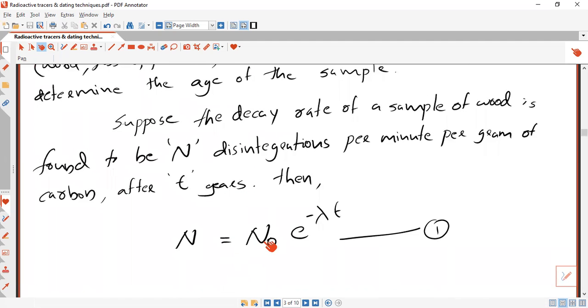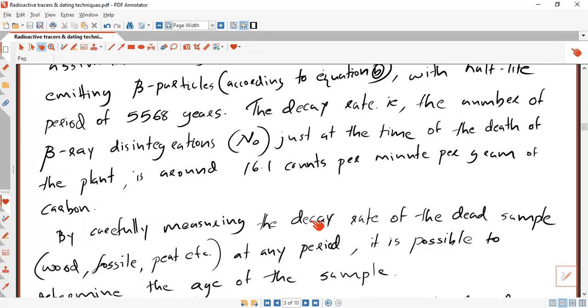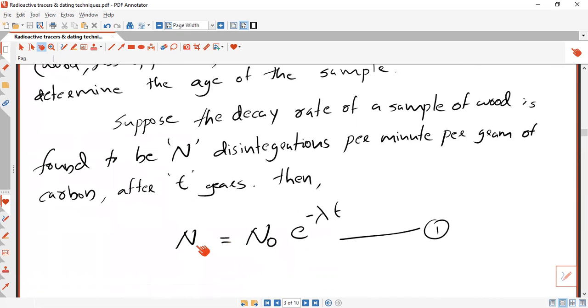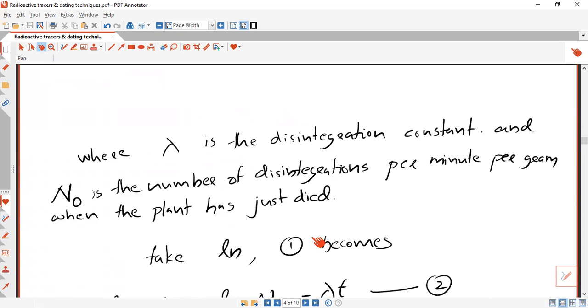Then N is equal to N0 e raised to minus lambda T, where N0 is the decay rate, the number of disintegrations just at the time of death, N is the disintegration per minute at time T, and lambda is known as the decay constant.